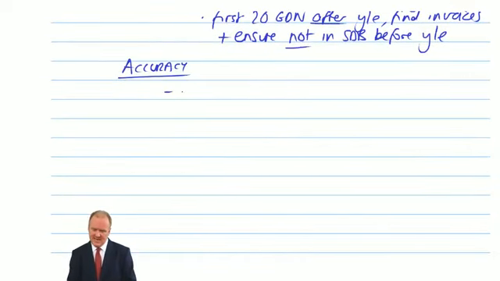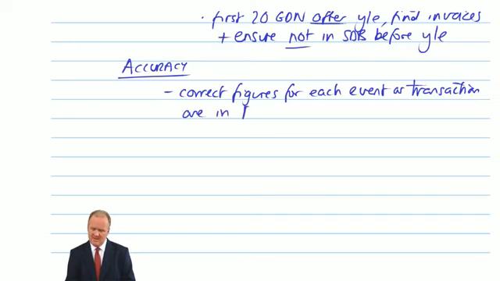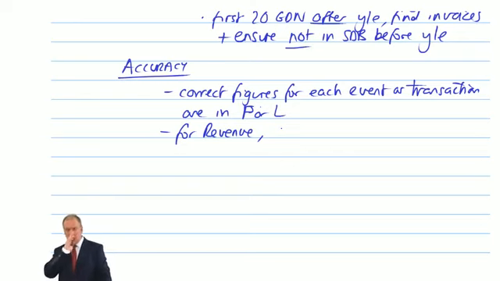Accuracy is a check that the correct figures for each event or transaction are in the profit or loss. So anything that is checking the numbers is going to work here.